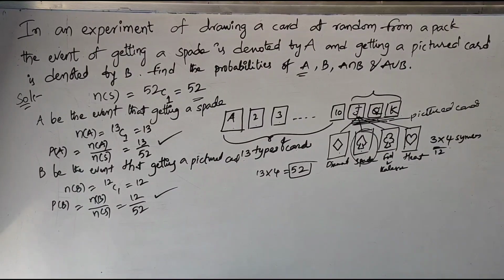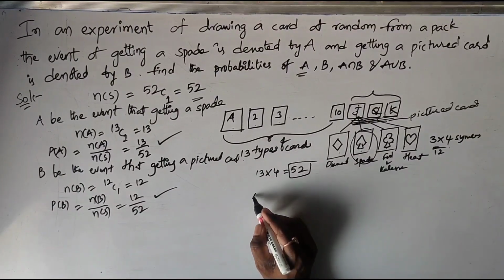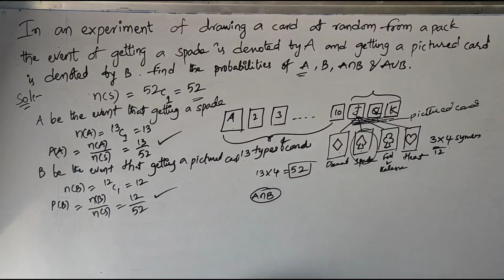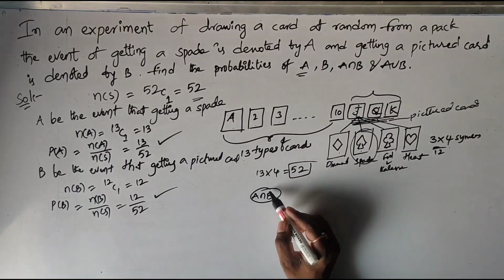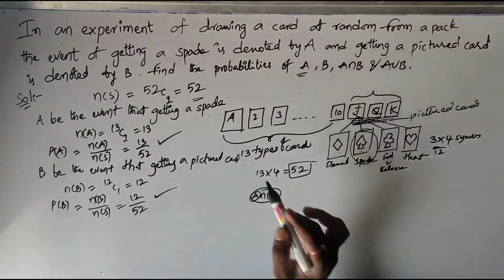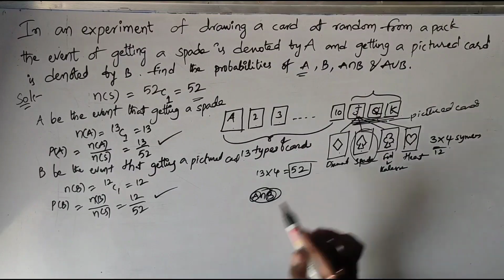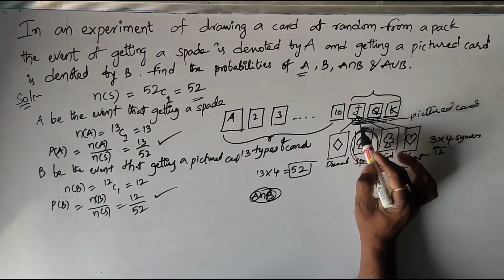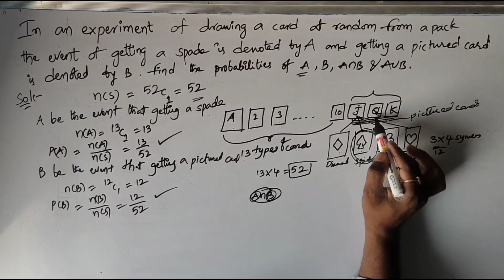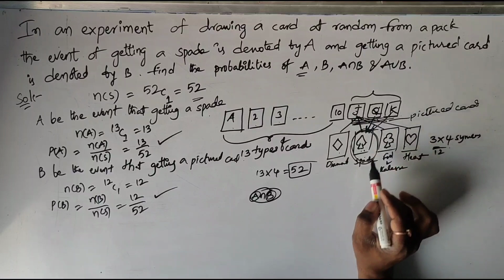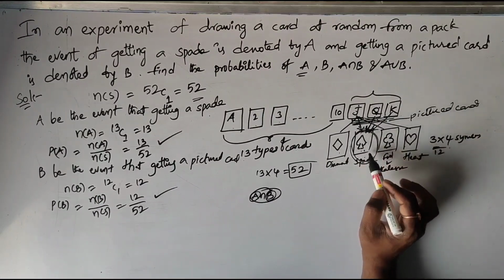Next we write here A intersection B. A intersection B means both A and B. Which types of cards exist here? A is the spade card, B is the picture card. So spade card and picture card. J has spade, Q has spade, and K has spade.